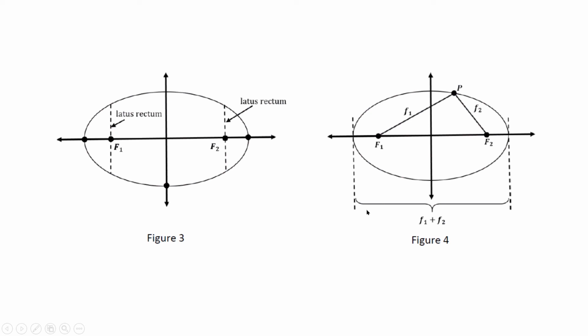In this figure number 4, the distance from focus 1 to the point on the ellipse plus the distance from focus 2 to the point on the ellipse is just equal to the distance between the vertices along the major axis.